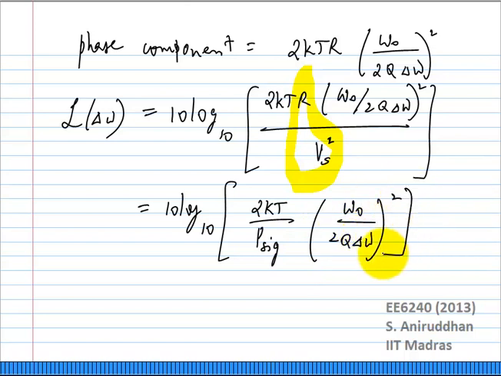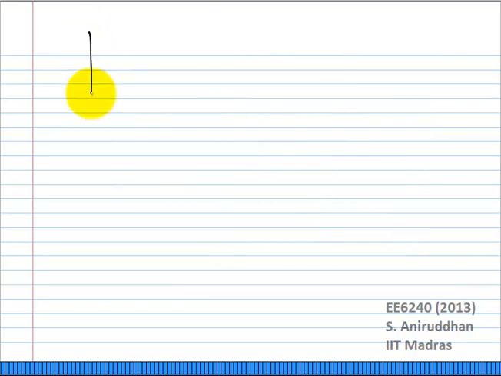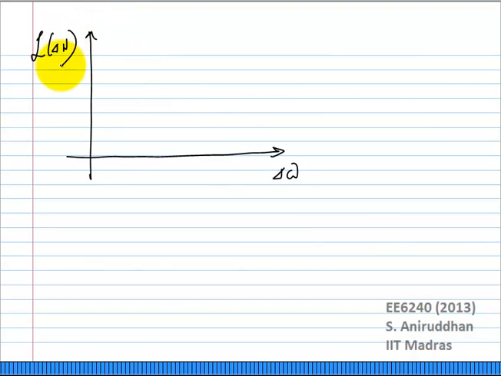By 2Q delta omega, the whole square. So this is the expression that we have come up with for phase noise. First of all, if we try to plot this, what does it tell us? Let's say I plot this as a function of delta omega on a log-log plot.